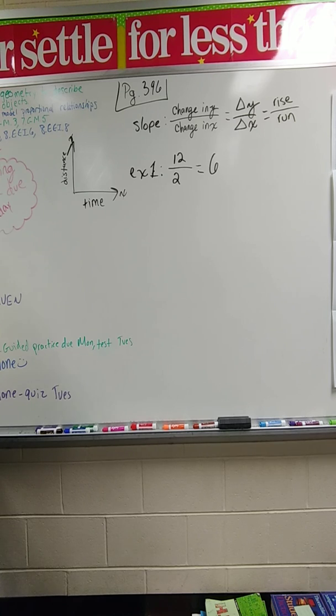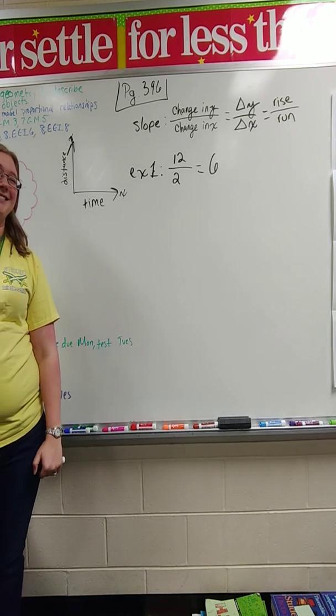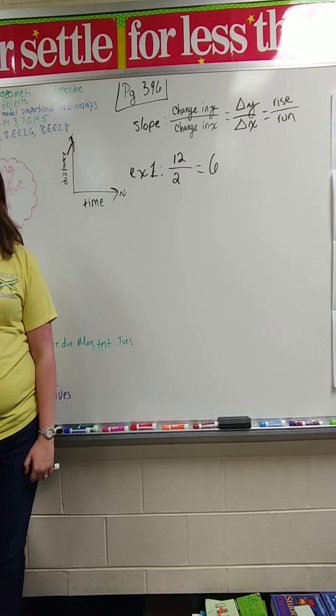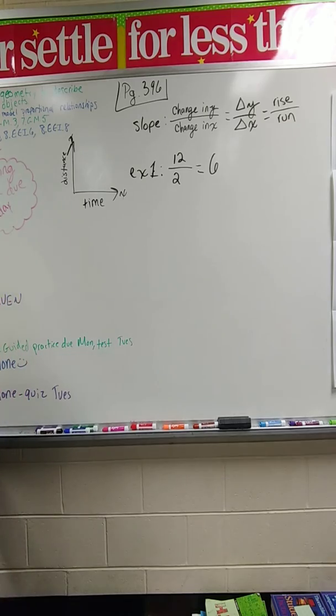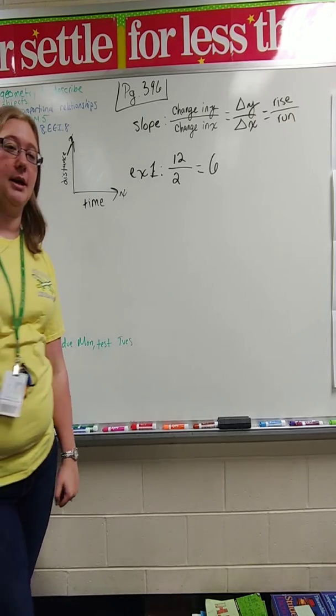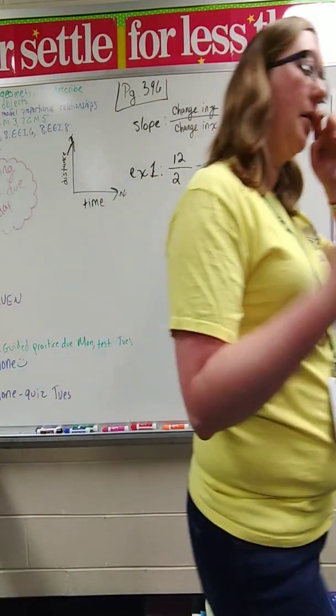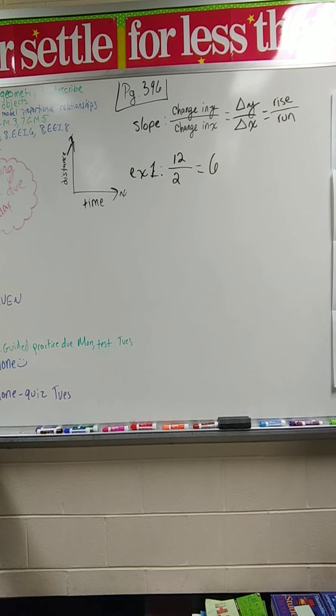Okay. Let's look at example 3, please. In example 3, we are given a graph of a line. I'm going to look at example 3b, because I believe that we live in a 4-quadrant world, and so let's look at a 4-quadrant graph.